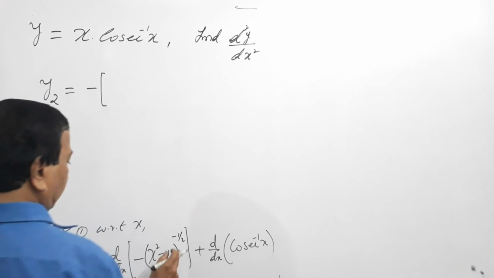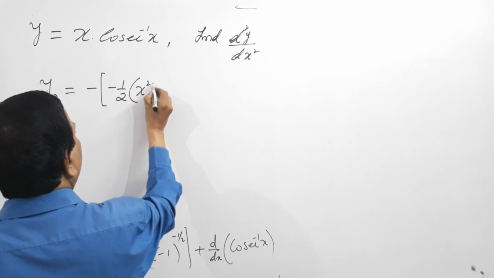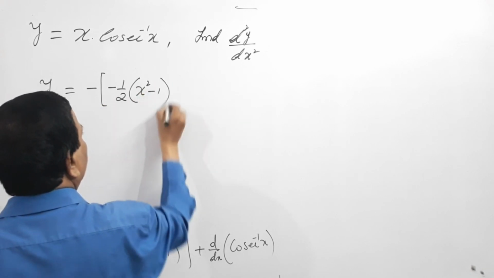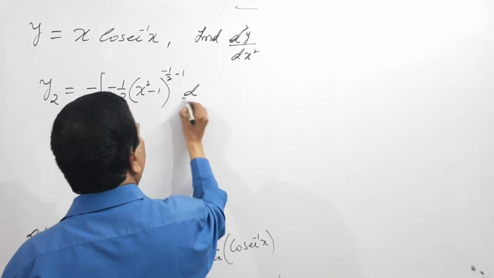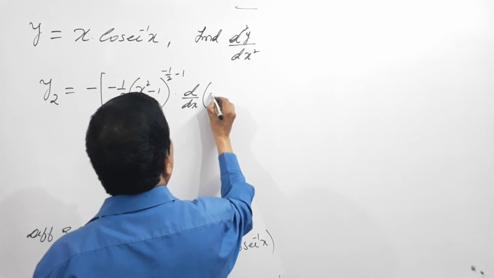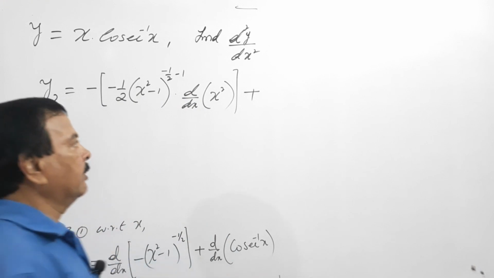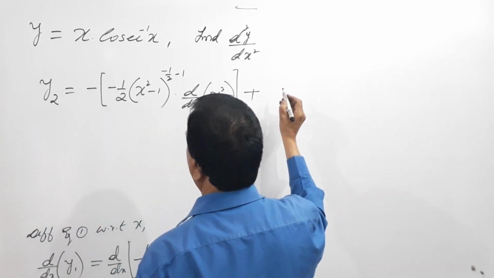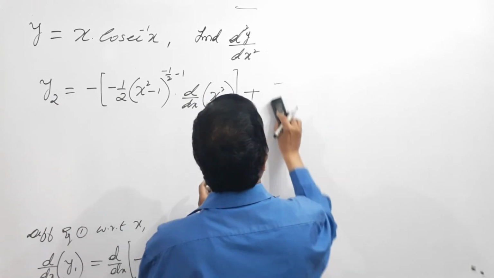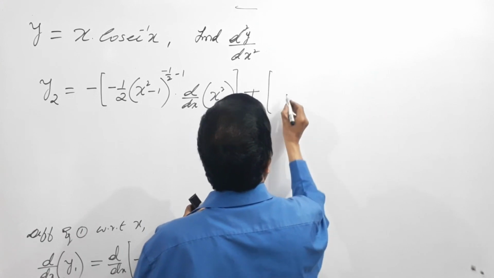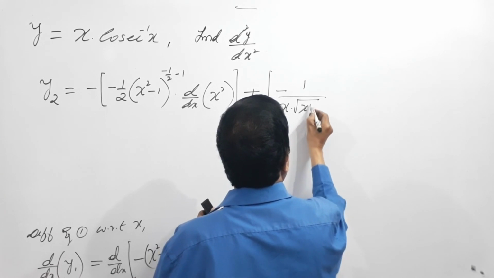So, if you differentiate this, minus half into x square minus 1 to the power of minus half minus 1 into d by dx of x square, plus d by dx of this will be what? This will be minus 1 by x into under the root x square minus 1.